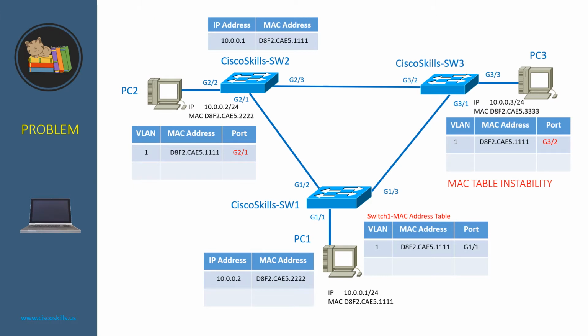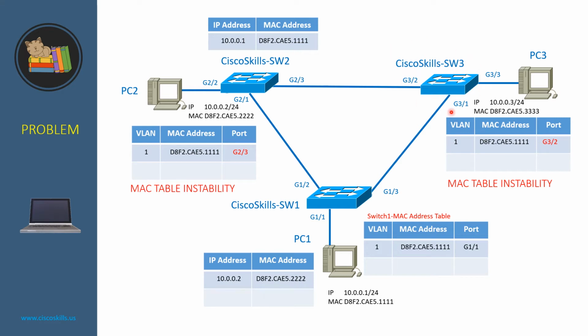Now let's pay attention to Cisco Skill switch 3. Switch 3 has to process the broadcast frame sent from switch 1, and it will forward the broadcast frame to switch 2 and PC3. Upon receiving the broadcast frame from switch 3, switch 2 has to update its MAC address table, which causes the MAC table instability in switch 2.